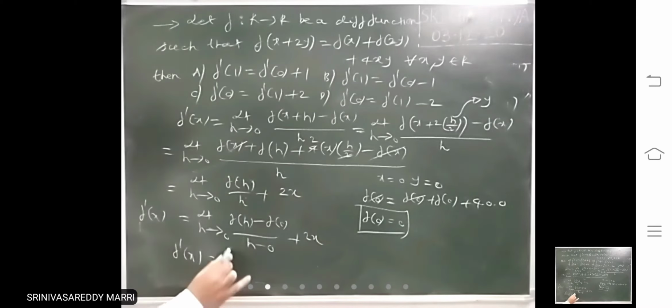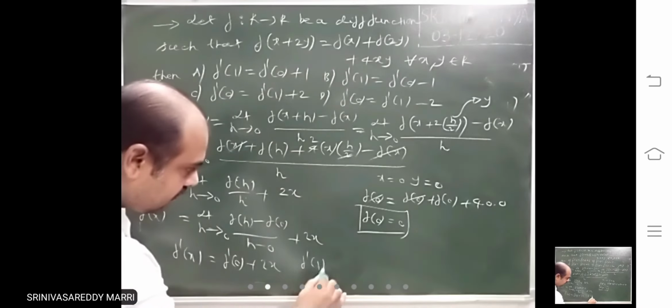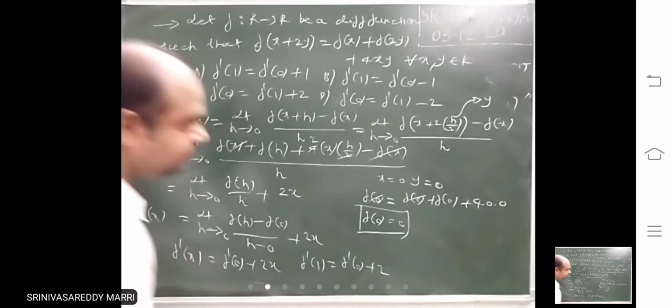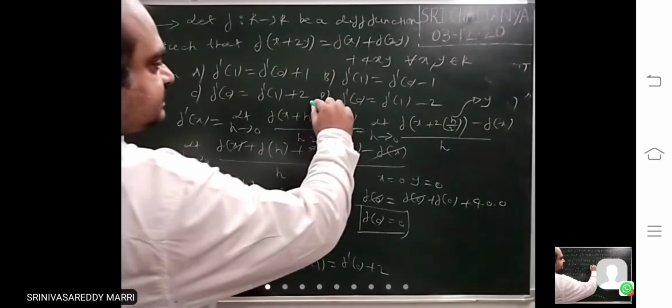This is f dash 0 plus 2x. Now he is asking f dash 1. So that means f dash 0 is nothing but f dash 1 minus 2.